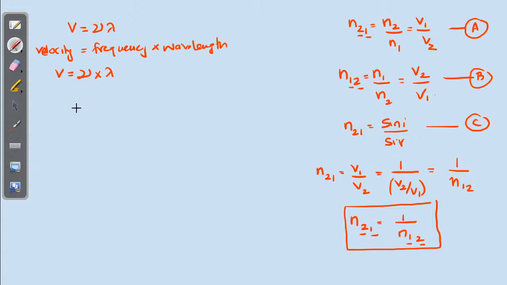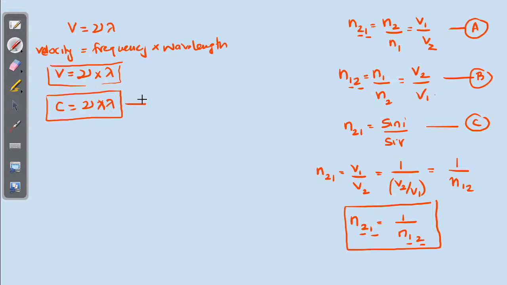Now you will see two kinds of representation for velocity of light. One is v equal to nu times lambda. Another equation is c is equal to nu times lambda. Now what is the basic difference between those two equations?